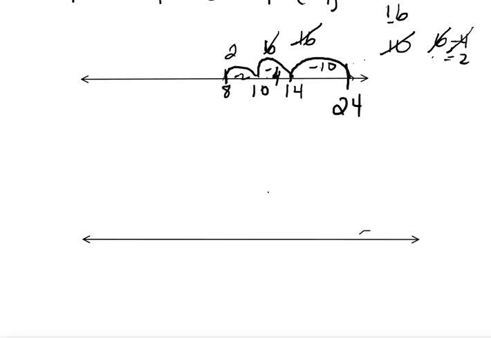So again, let's write down the question so we can see it. 16 minus 24. So we start at 16, and we know we need to take away 24. So right away, students will take away, whatever way you want to note it, I need to take away 24. So I'm going to start by taking away 10.